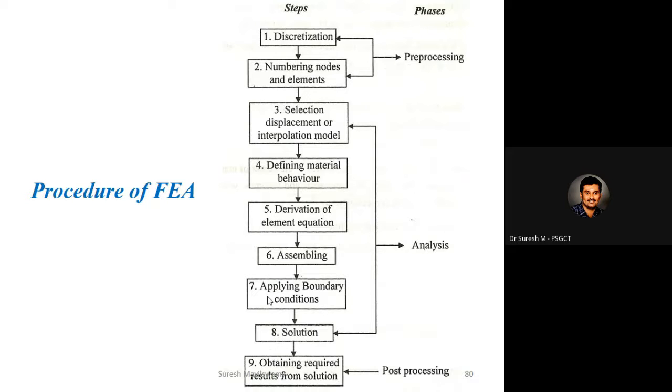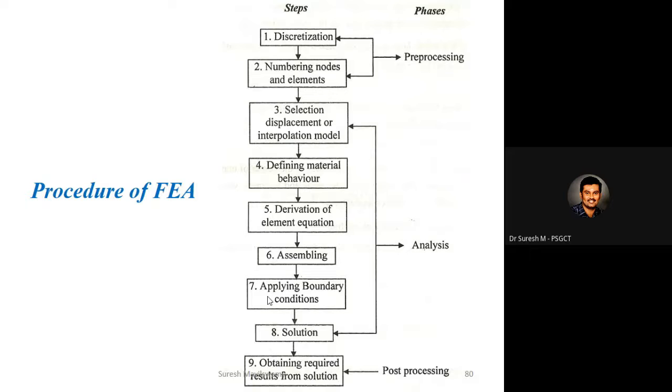So in the discretization of the domain, the process is one in which the given body or domain is subdivided into a number of elements. So it may be 1D or 2D or 3D. 1D means line and bar elements, 2D means triangular and quadrilateral elements, 3D means tetrahedral and brick elements, used nowadays.